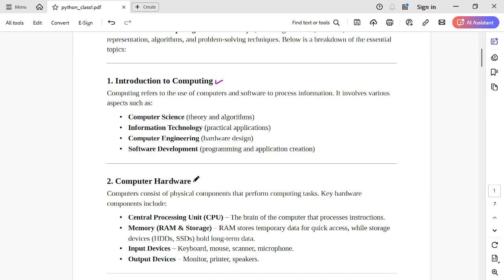Next comes computer hardware. As I said earlier, hardware and software both come under computing. First, we will see computer hardware. A computer consists of physical components that perform computing tasks. The key hardware components are given here.